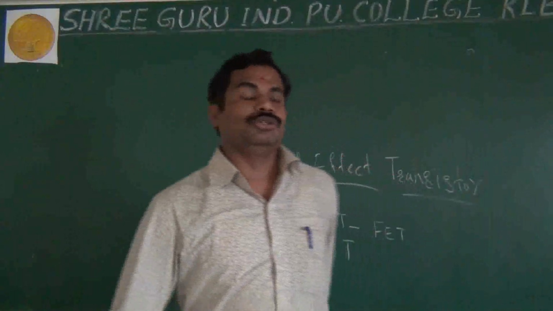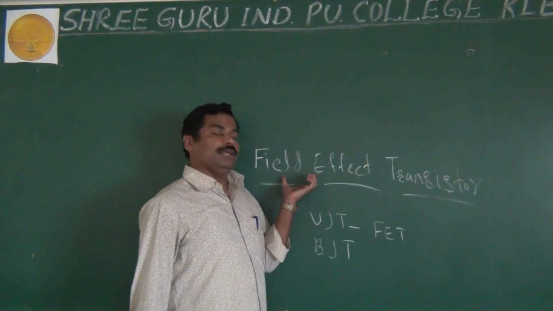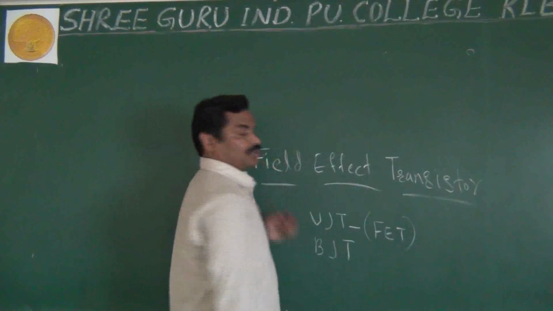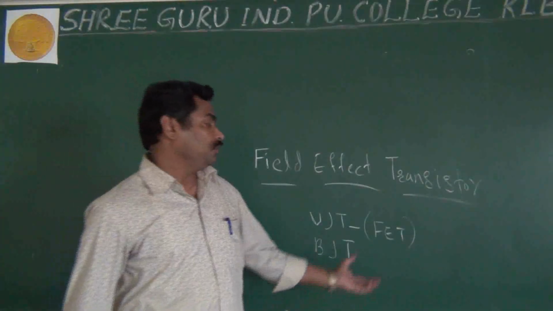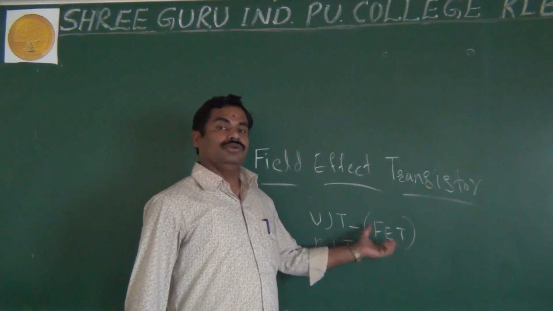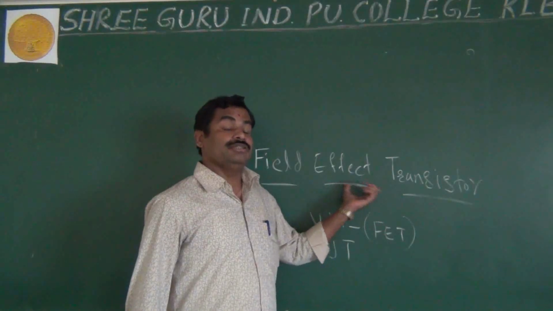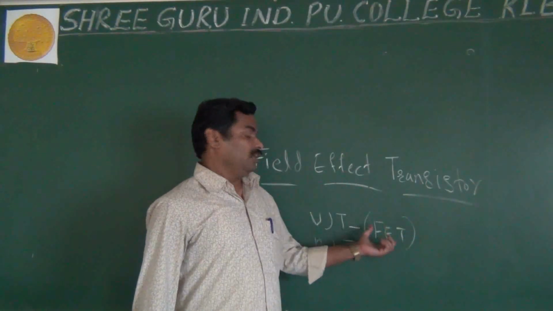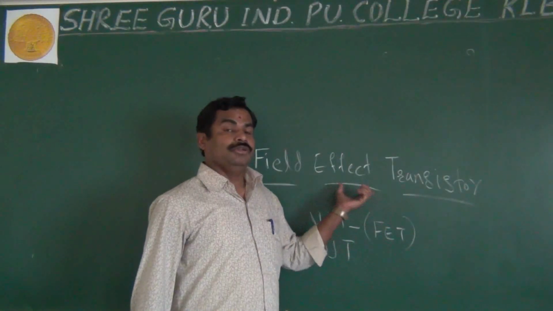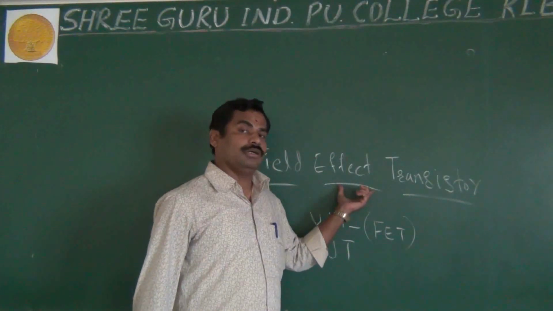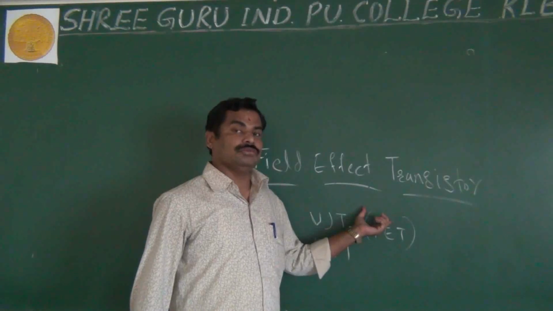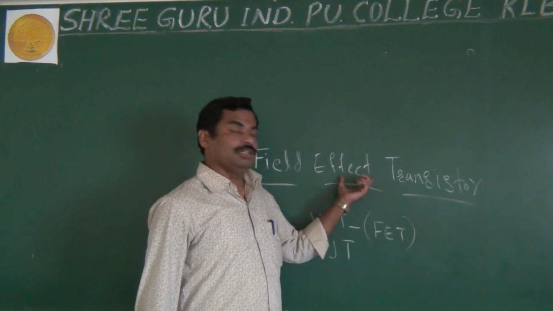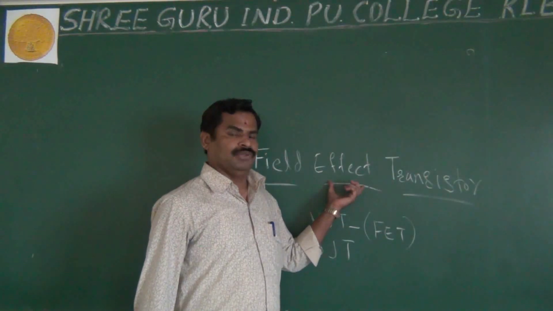The difference is about the field effect transistor, also called FET. It is a unipolar 2-junction 3-layered semiconductor device. In another way of definition, the FET is nothing but a 3-terminal unipolar 2-junction semiconductor device. Right? That is nothing but your FET.